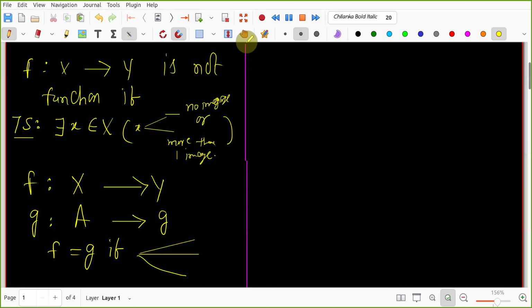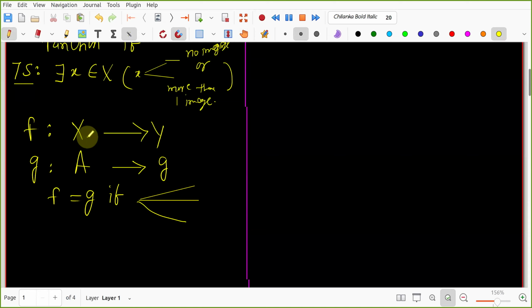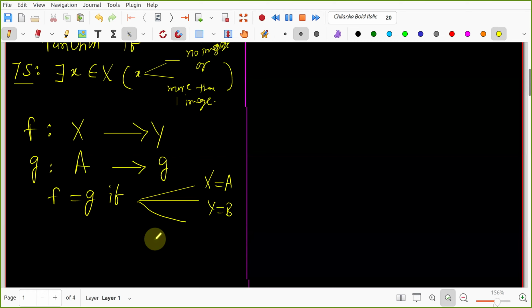Anchal Sharma: X equals A, if Y equals B, and the images are also the same, meaning f of x is also equal to g of x.